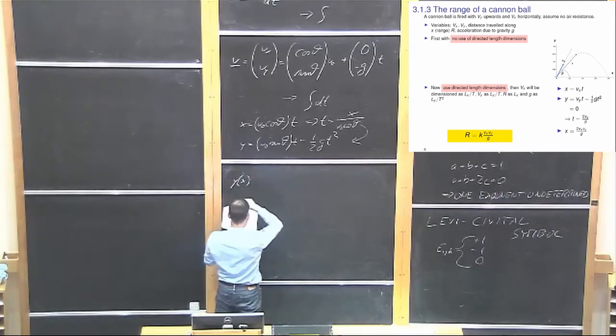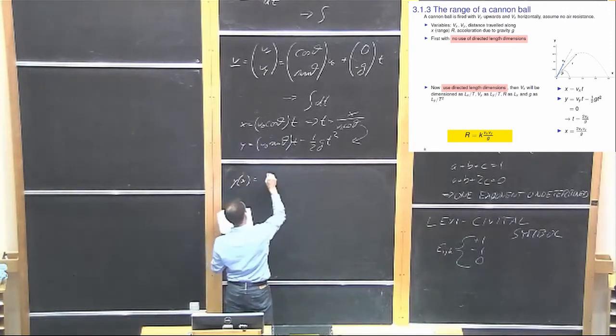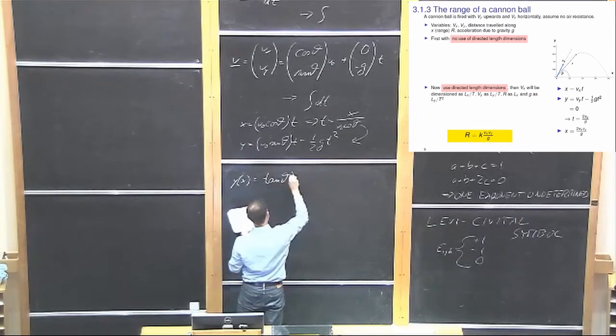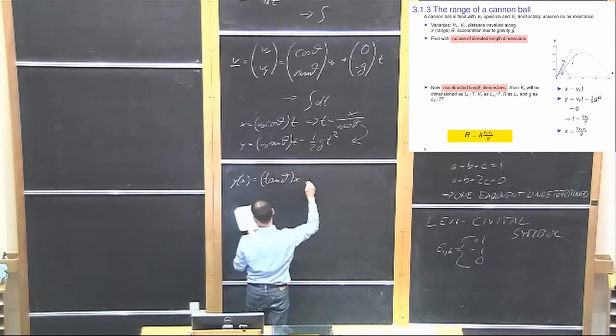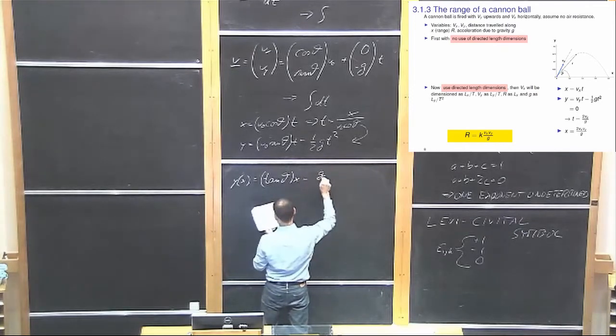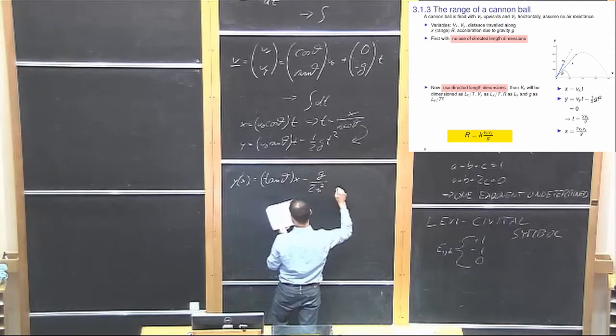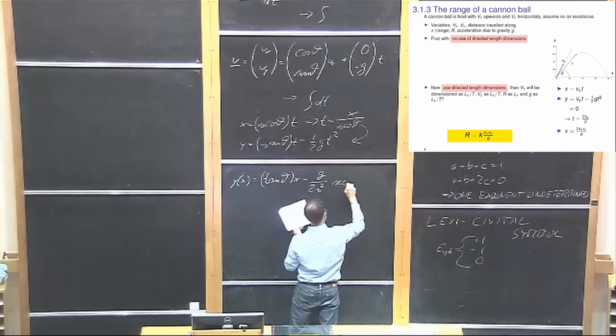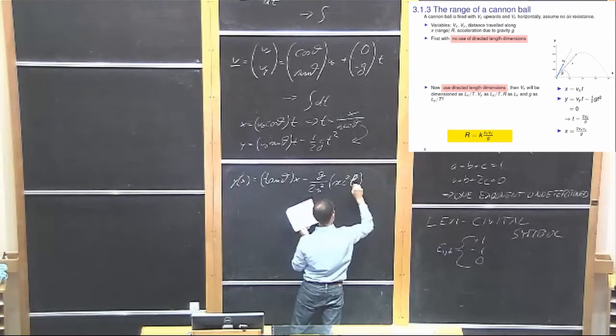we end up at this tan theta x minus g over 2 v naught squared sec squared theta x squared.